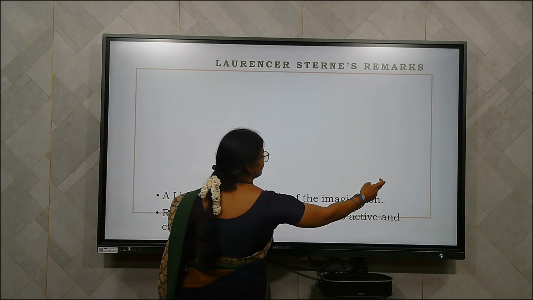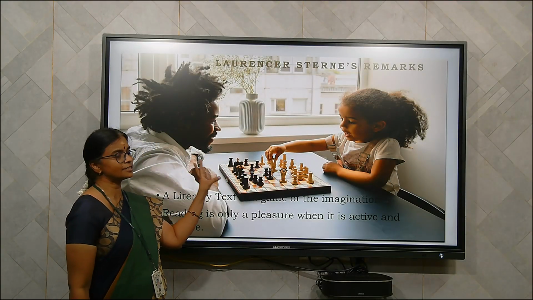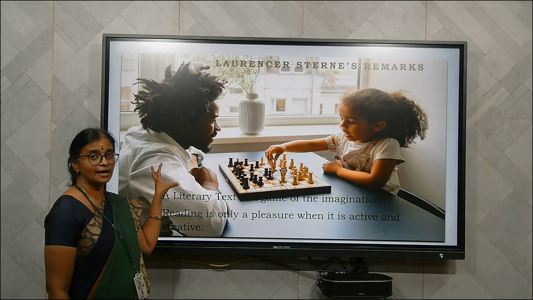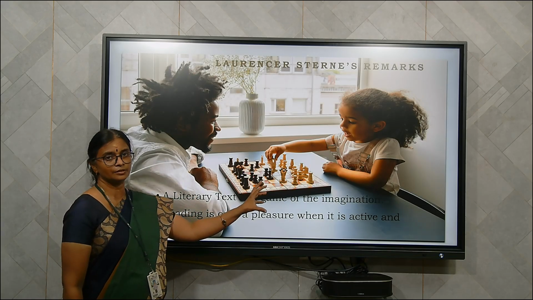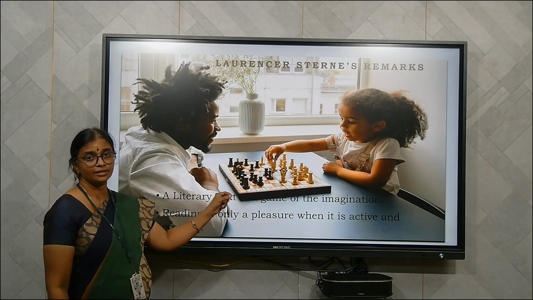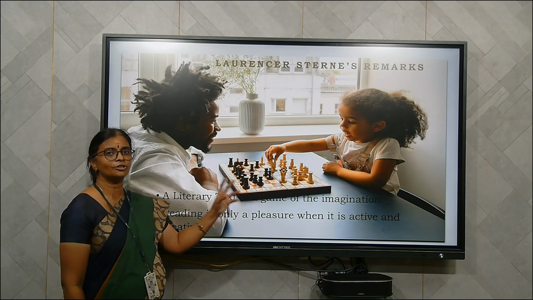Here, for instance, I have given a picture of a daughter and a dad playing a chess game. Imagine that if the dad plays all the moves, pointing out everything for the daughter, then the game would be very dull for the daughter.